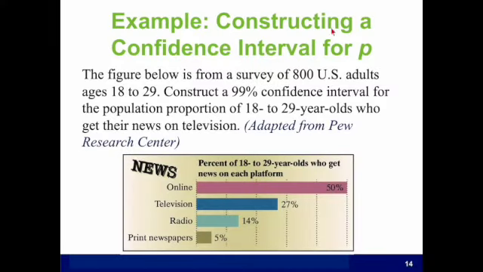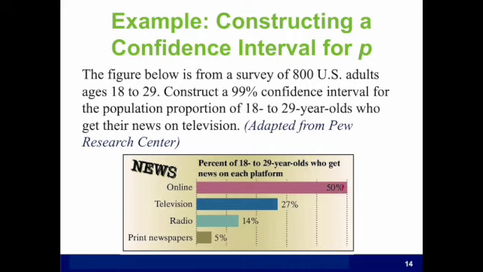Second example, constructing a confidence interval for p. The figure below is from a survey of 800 US adults, ages 18 to 29. We would like to construct a 99% confidence interval for the population proportion of 18 to 29-year-olds who get their news on television.